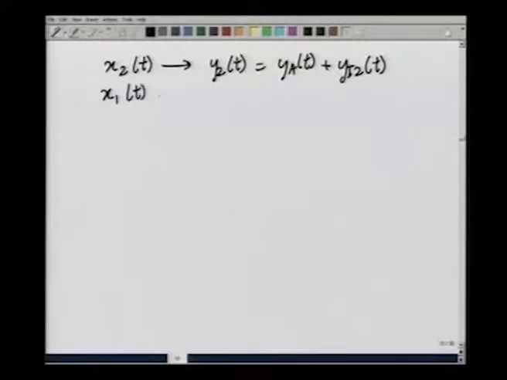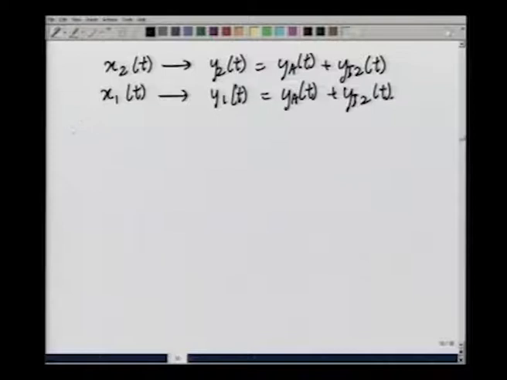So, let us write x2(t) yields y2(t), which is basically y_a(t) plus y_I2(t). y_a remains the same because it is due to the auxiliary conditions; the inputs alone are being changed. x1(t) will yield y1(t), which is y_a(t), again the same, plus y_I1(t).